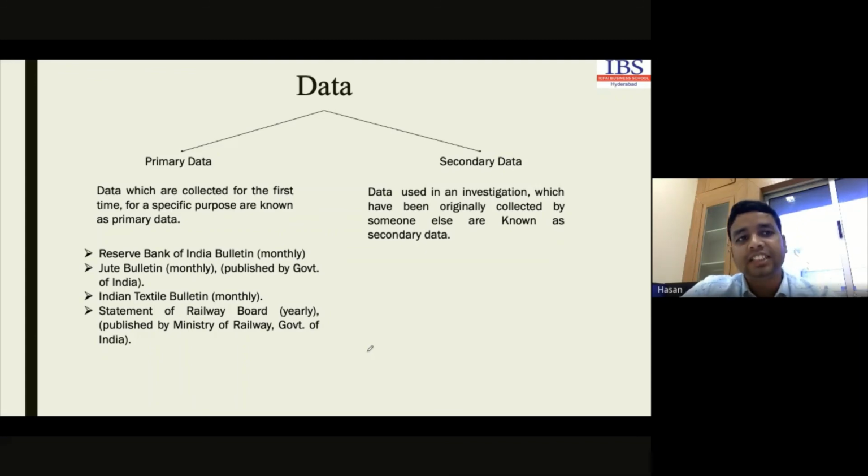Secondary data is data someone else has collected and we are using. That means second person, second hand data. Already someone collected and used it, and we are going to reuse the data. This is secondary data.